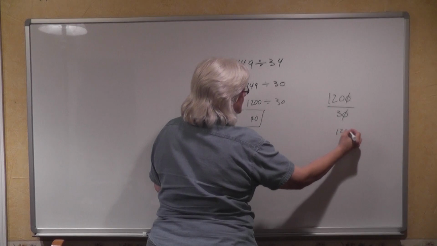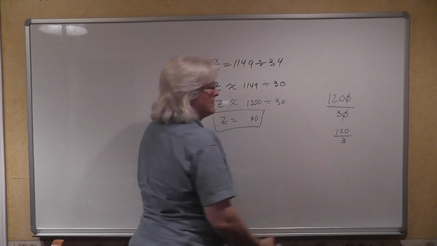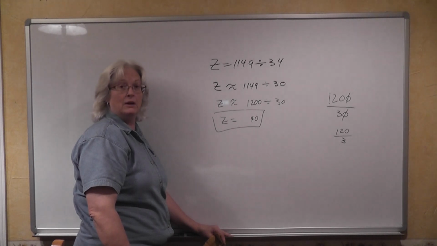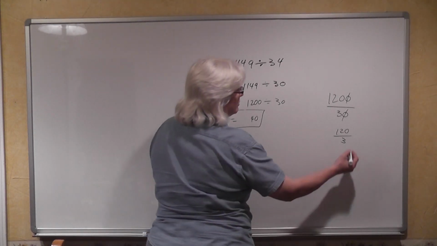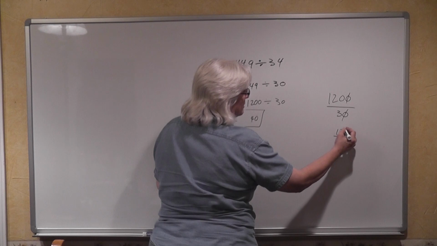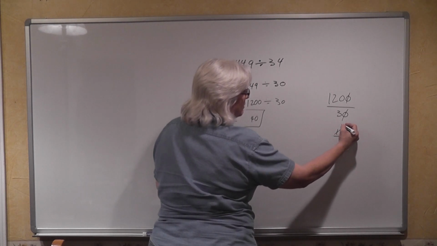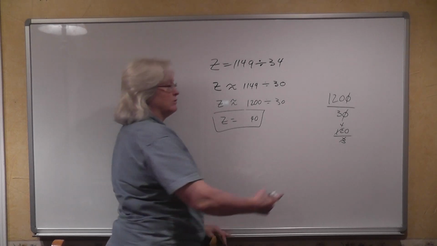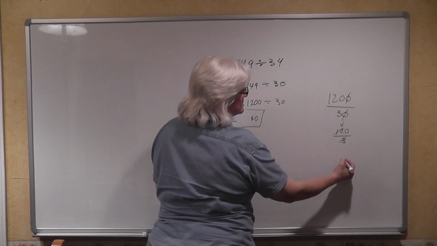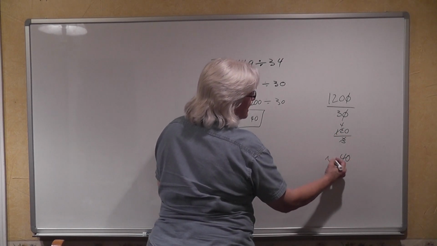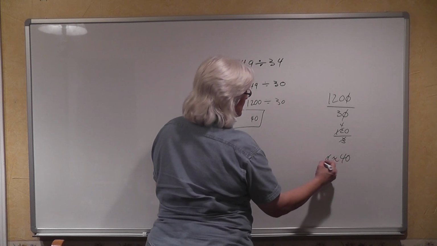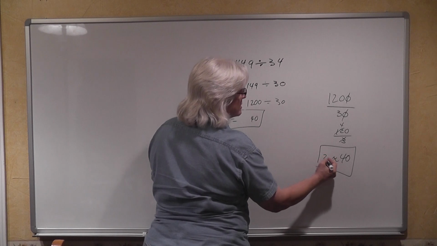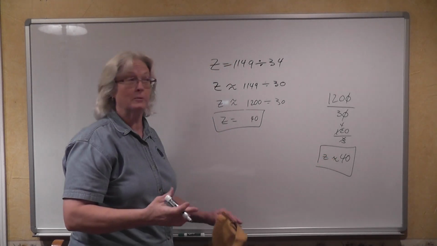You don't need to write this step, but let me just do that. 1,200 divided by 30, when you divide by 10, you have 120 over 3. 12 divided by 3 is 4. In your numerator, you have a 4 and a 0. So z is approximately equal to 40.